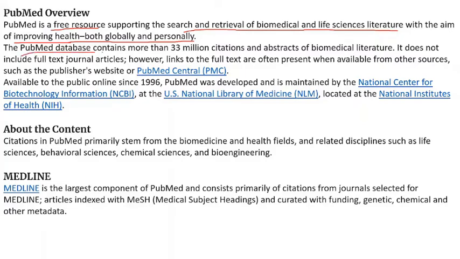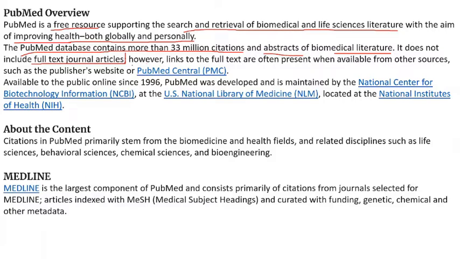The PubMed database contains more than 33 million citations and abstracts of biomedical literature. Generally, it does not include full-text journal articles. It provides us the abstract basically. Sometimes they provide some essential data, some graphical representation or pictorial information, which might be freely available.